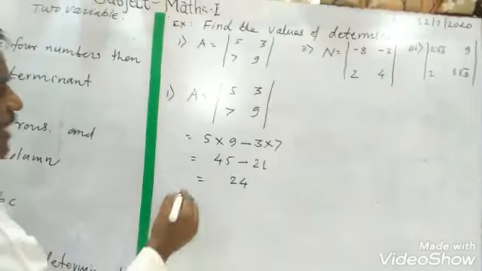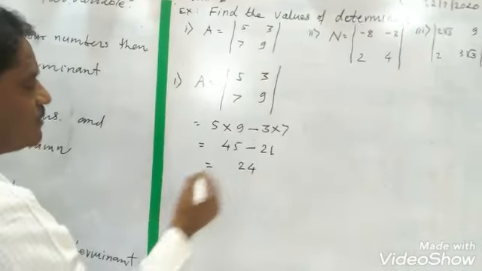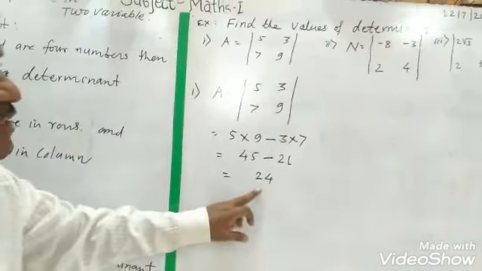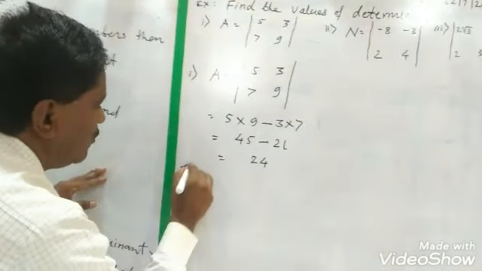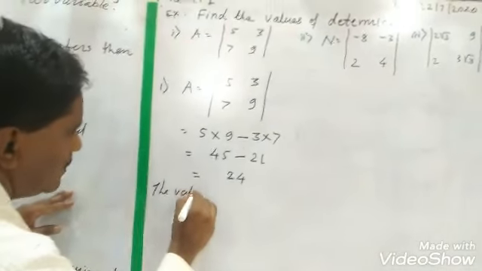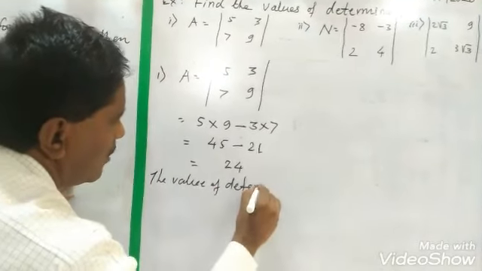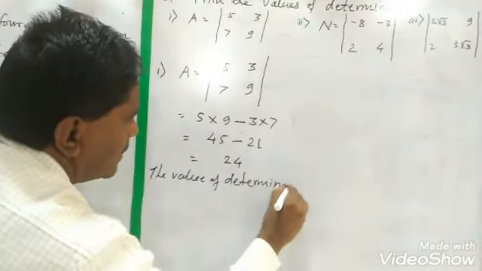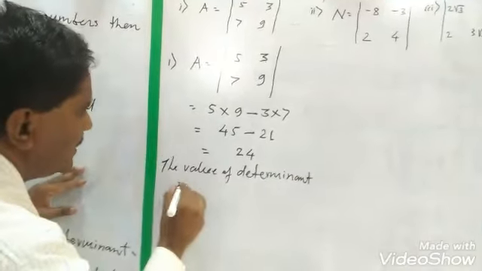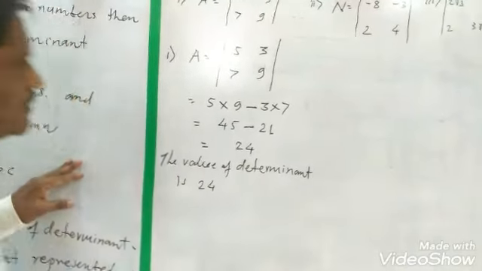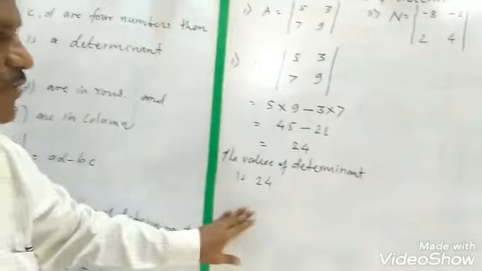So therefore value of A is equal to 24. The value of determinant is 24.